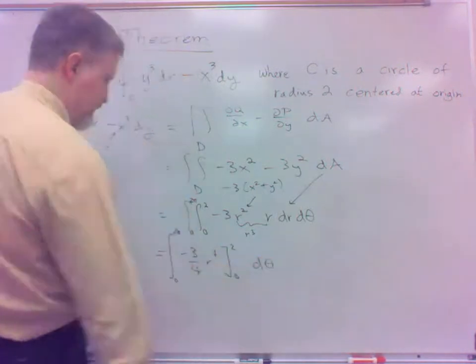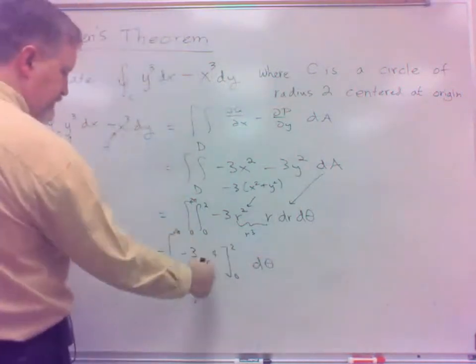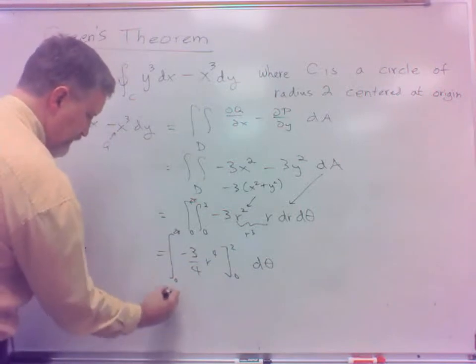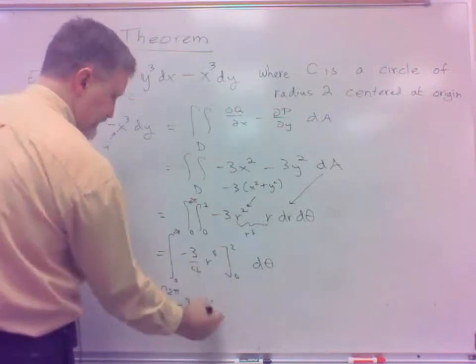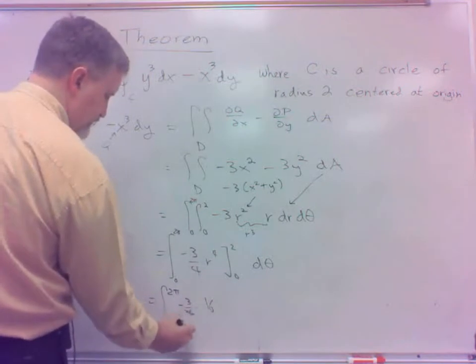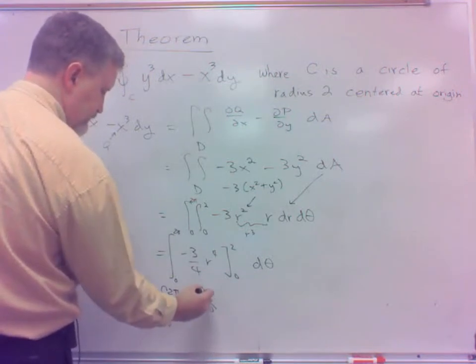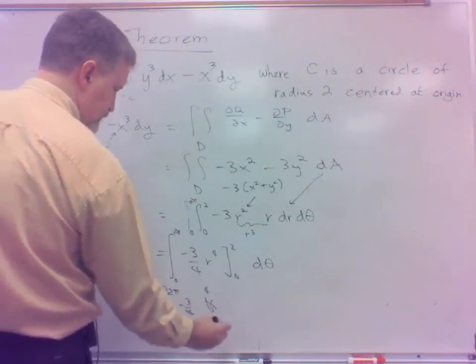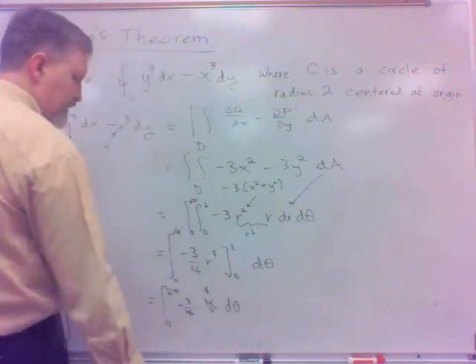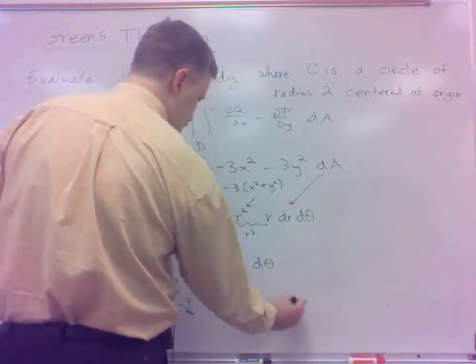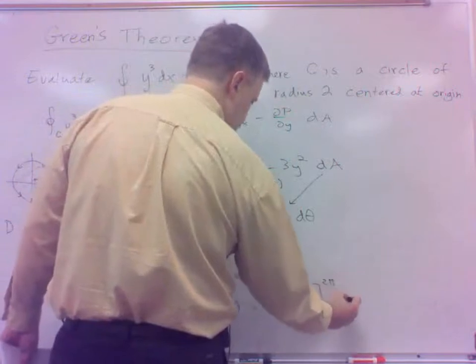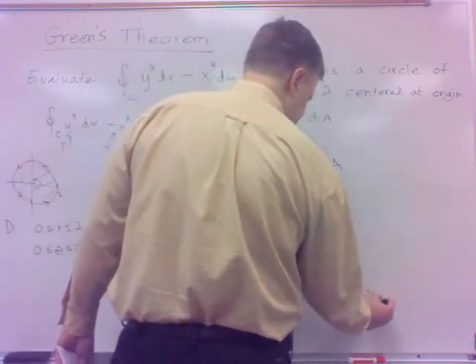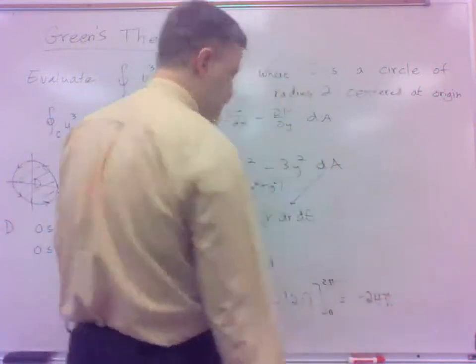Let's see, that would be negative 3/4 times 16 minus 0. So that would be negative 12. So the negative 12 theta, 0 to 2 pi, negative 24 pi. Plug in the 2 pi.